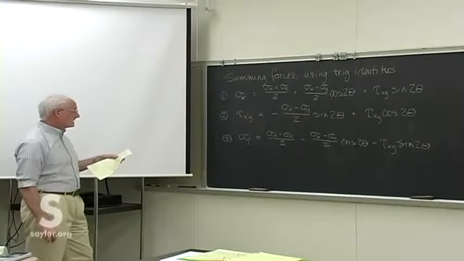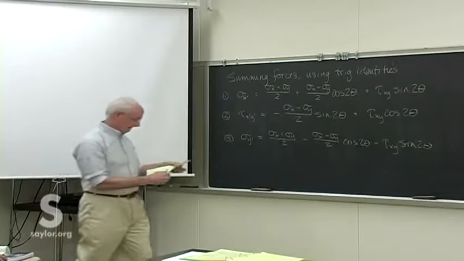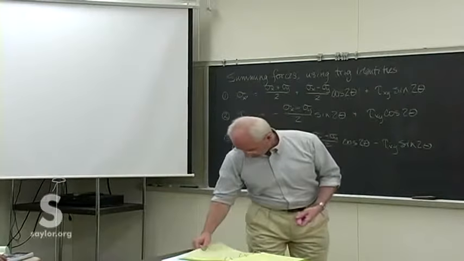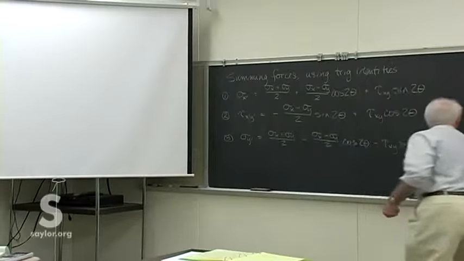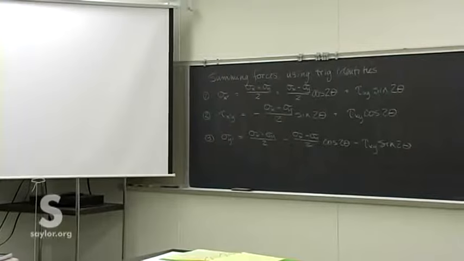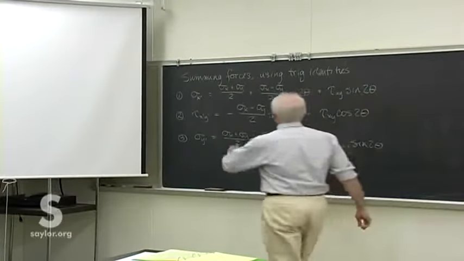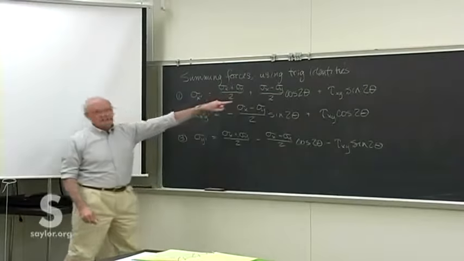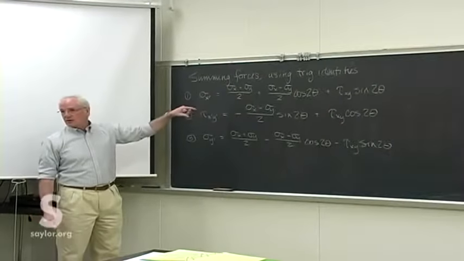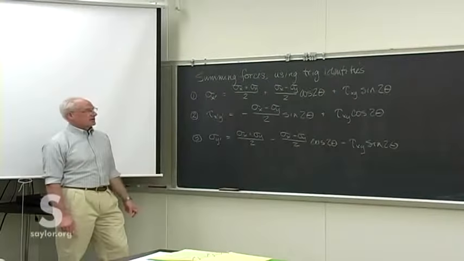I've got to get the minus signs right, or you're not going to. All right, that looks okay. And there we have it: based on an original problem with orthogonal stresses, the sigma x, the sigma y, and the tau xy, we can now look at what the stresses are at any other angle of concern.